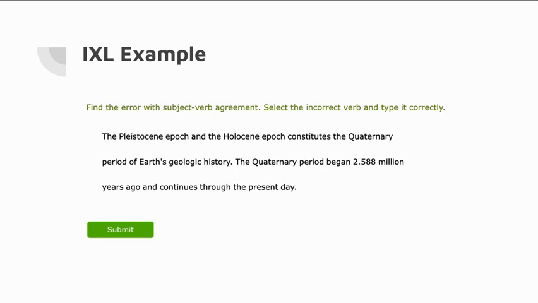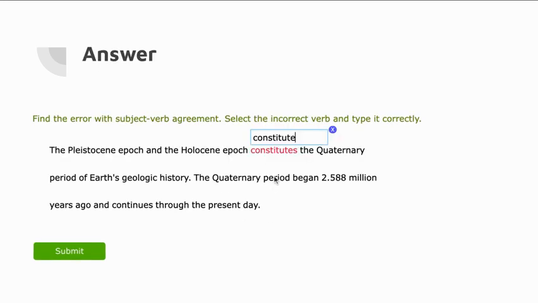In this case, the Pleistocene epoch and the Holocene epoch constitute the Quaternary period of Earth's geologic history. I can see that I have two subjects connected by the word and, so this verb constitutes doesn't quite match my subjects. So you can see I would highlight the word constitutes and I would type in constitute.